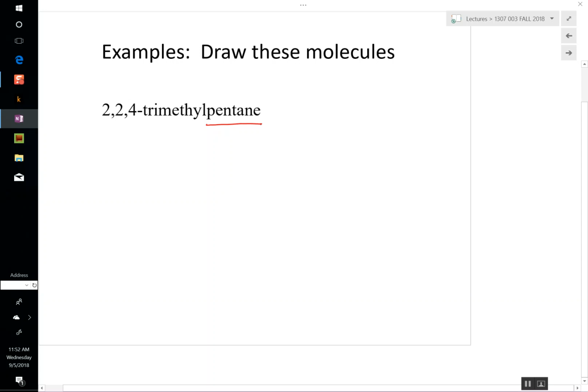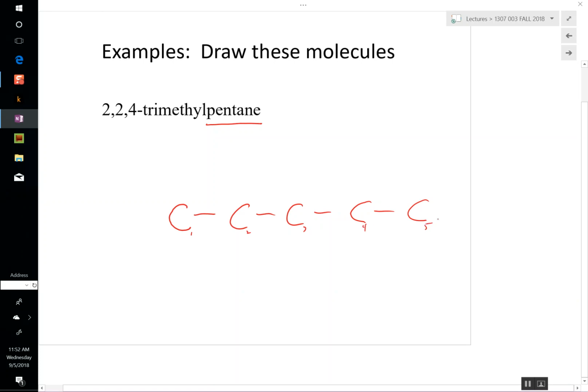So pentane. Since I'm drawing it, this is going to be my carbon number 1. I read from left to right, so I'm not going to make it hard on myself. There are 5 of them, so that's carbon 1, 2, 3, 4, and 5.